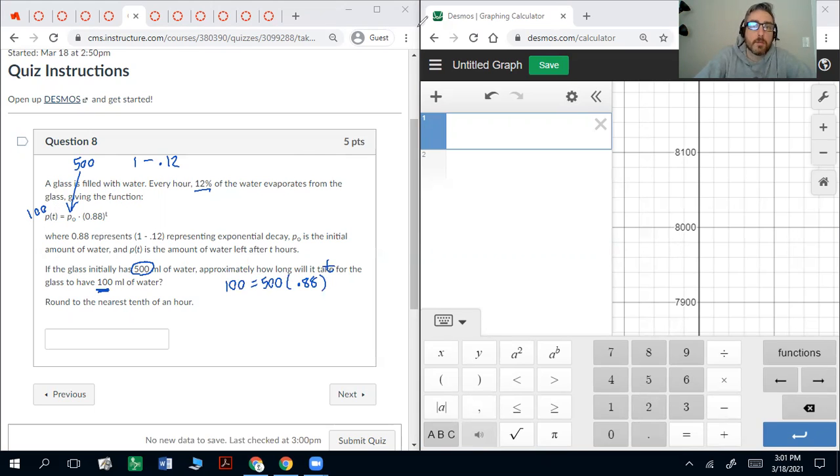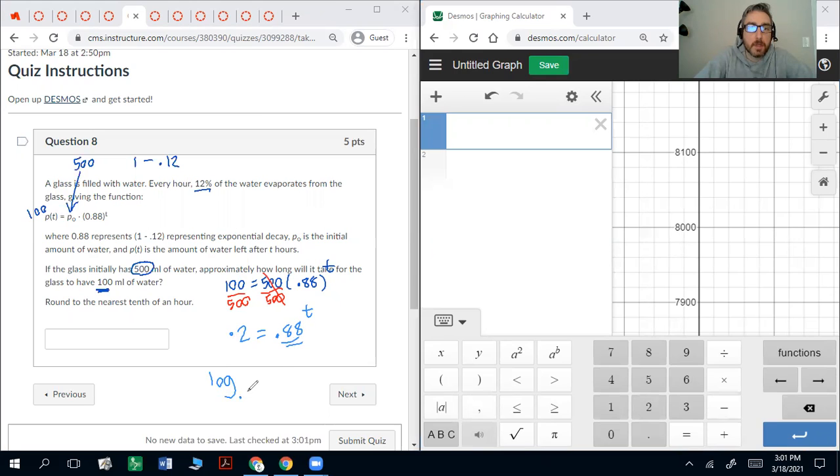So we'll use logarithms. Start by dividing this initial number out. 100 out of 500 is 1/5. That's 20%, so that's 0.2. Use your calculator if you need to. And so now we're going to write it in log form. Your base is always the base of the exponent.